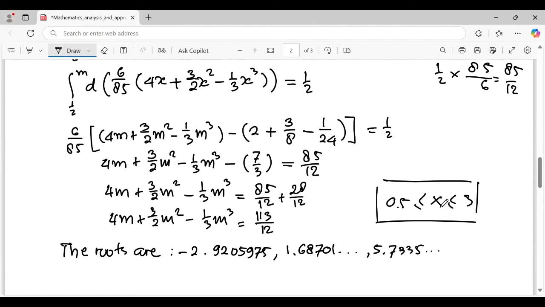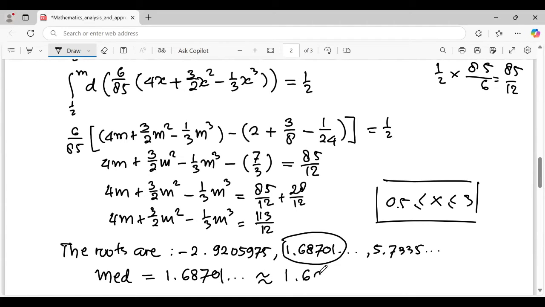The median lies between 0.5 and 3, so we accept this number. That means the median equals 1.68701, rounded to 1.69. This is the median.